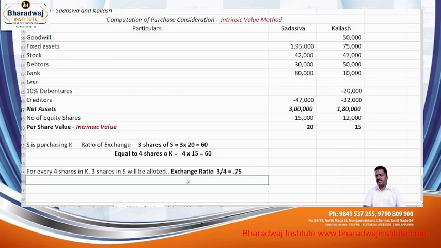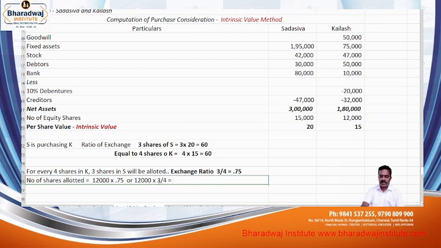Pay attention. So the number of shares allotted will be: how many shares are there in Kailash? 12,000 into 0.75, or you can say 12,000 into 3 shares for every 4 shares held.